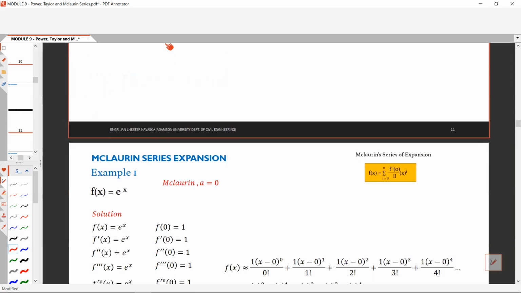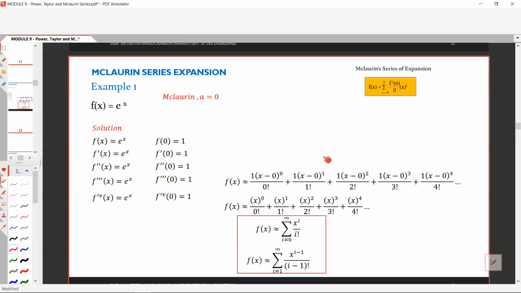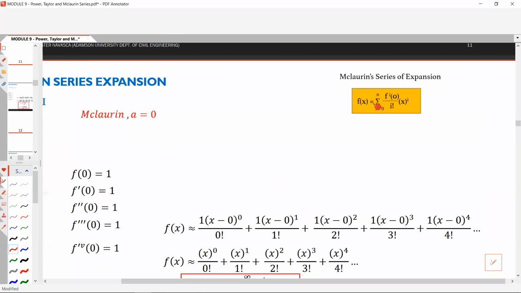Okay, so for the Mclaurin series expansion, medyo nandito na kasi yung solution. So anyway, dito tayo mag-start. Imagine nyo na lang na wala pa tong sagot na to. Okay. So nilagay ko dito yung Mclaurin series expansion. That is the formula. f of x is equals to summation of i is equals to 0 to infinity of ith derivative of f of 0 over i factorial x raised to i.